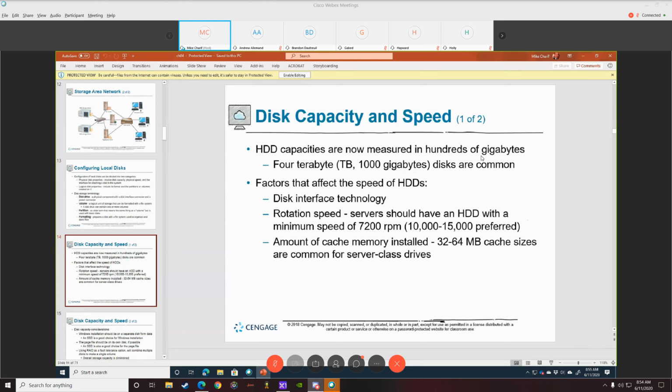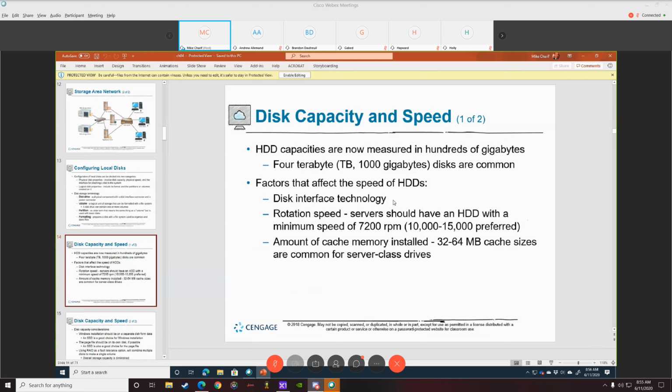Why is that? Because getting terabytes in SSD is a little bit more expensive than the other one. Okay, factors that affect the speed of a hard drive. Disk interface technology, like we talked about: is it HDD?